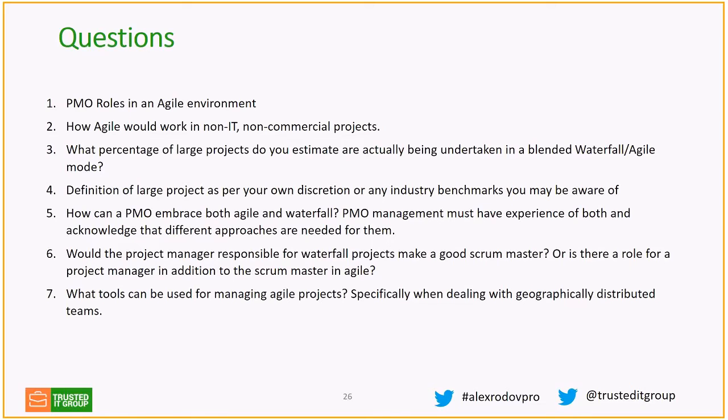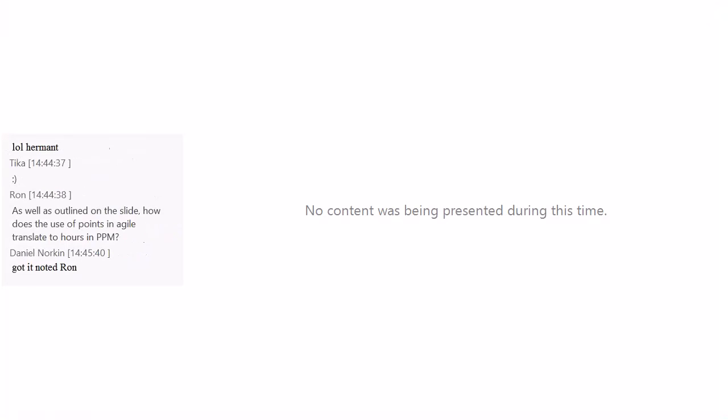What percentage of large projects do you estimate are actually being undertaken in a blended waterfall-agile mode? Large projects, I haven't seen any single large project that is done purely in agile. In fact, the survey that we did at the beginning of this webinar showed zero responses who said we're doing agile.